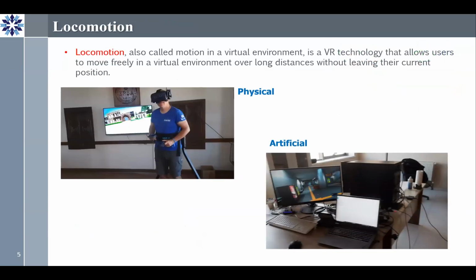VR locomotion is a method of moving people within virtual worlds. Most VR locomotion methods rely on using a controller or walking in a limited physical space. This situation hinders the user's desire to travel in unlimited virtual space.